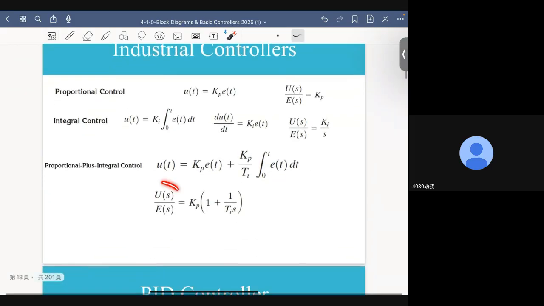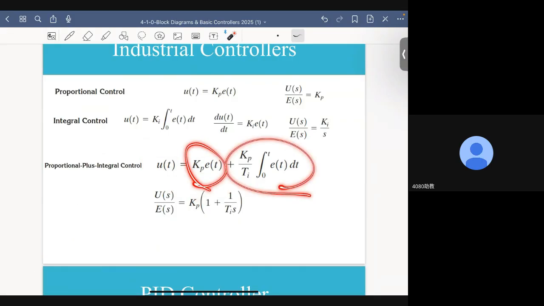So the output is actually made of two parts, one from the proportional controller and one from the integral controller, okay? And this is the corresponding transfer function of the PI controller. Let me emphasize, the PI controller is the most popular controller used by real industry, okay?